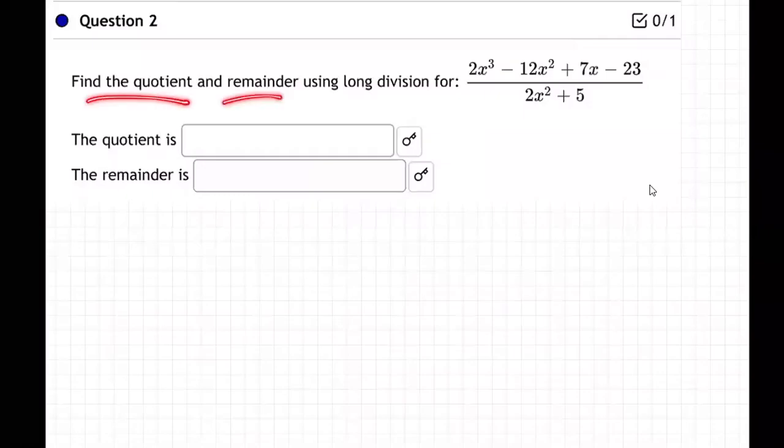Okay, so find the quotient and the remainder using long division for this. Basically, here's the story.